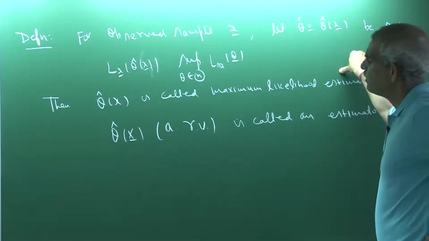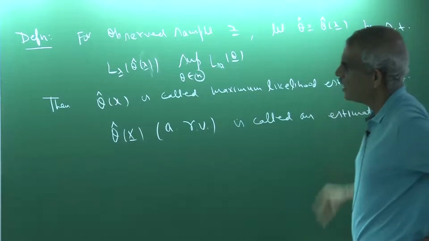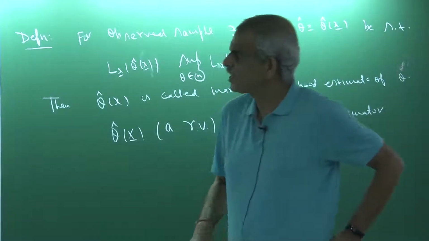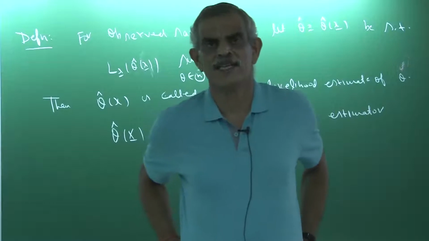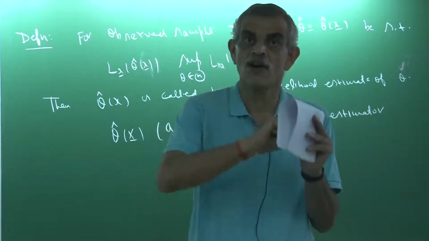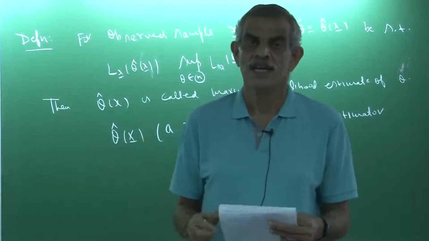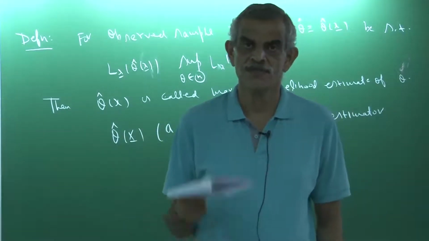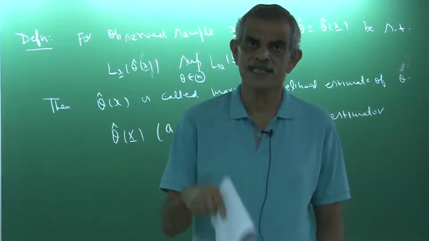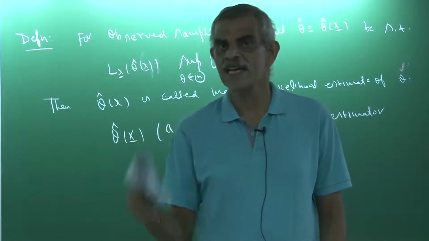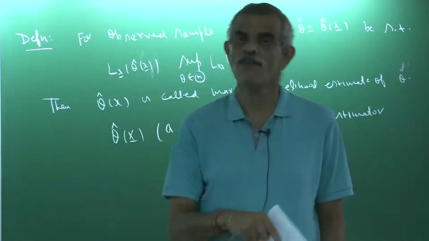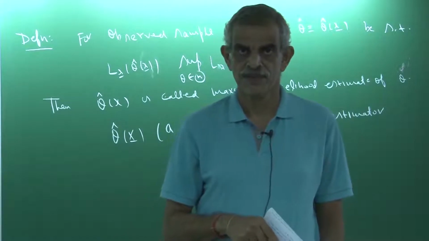Now sometimes, as you must have seen in your last course, maximizing log of L(x, theta) is easier. Note that L(x, theta) and log of L(x, theta) are one-to-one functions. In fact, log of x is an increasing function. So if theta hat maximizes L(x, theta), then theta hat would also maximize log of L(x, theta). Why?